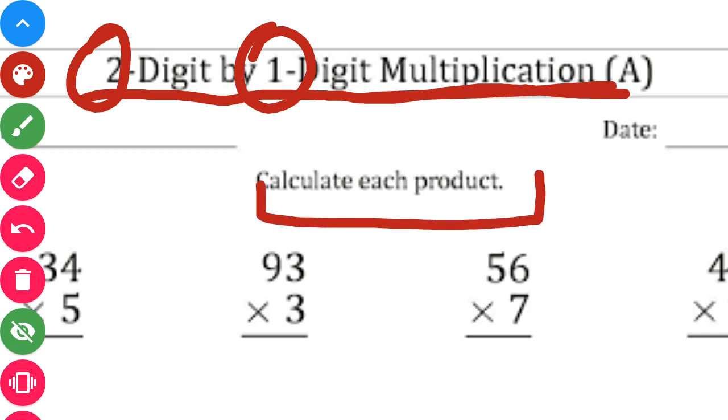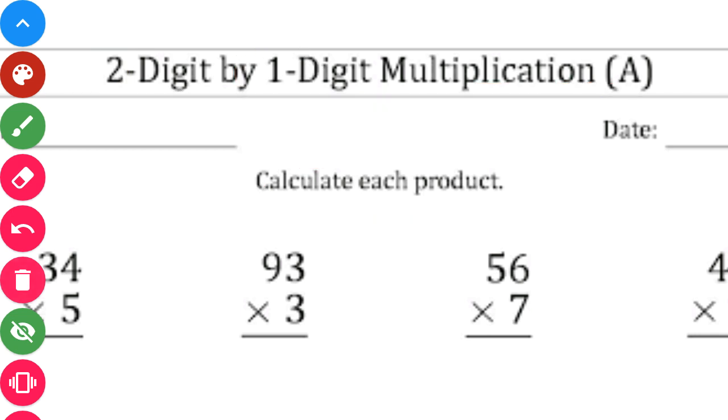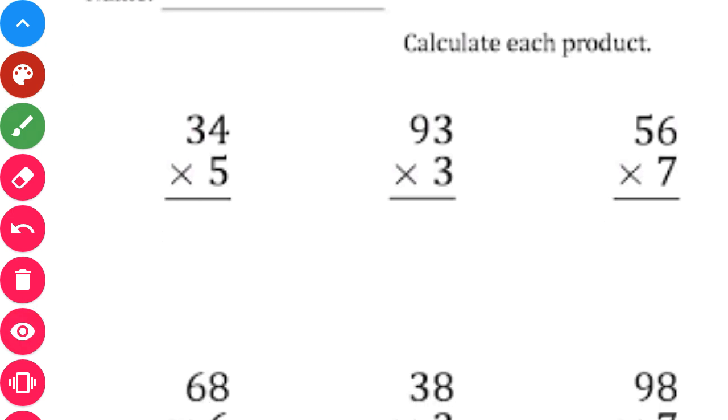Calculate each product. Okay. Now let us start. We will start with the first question.